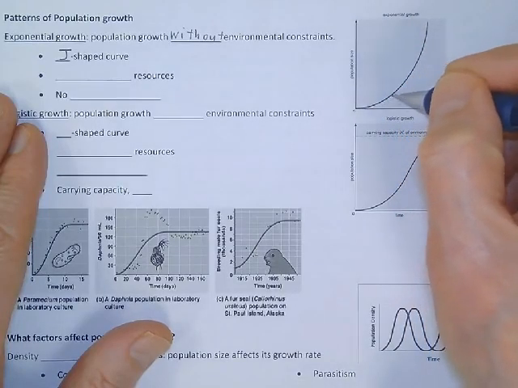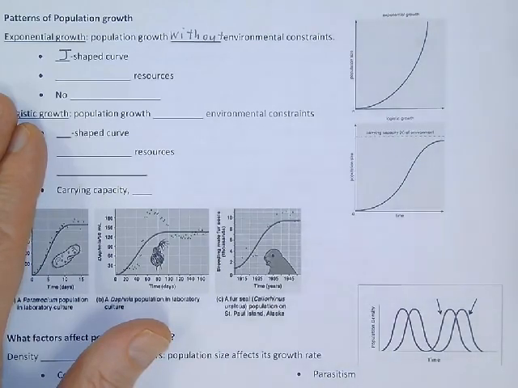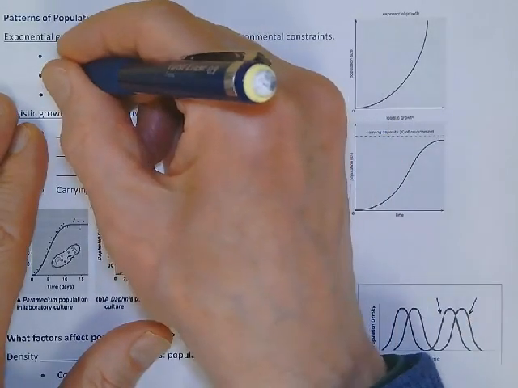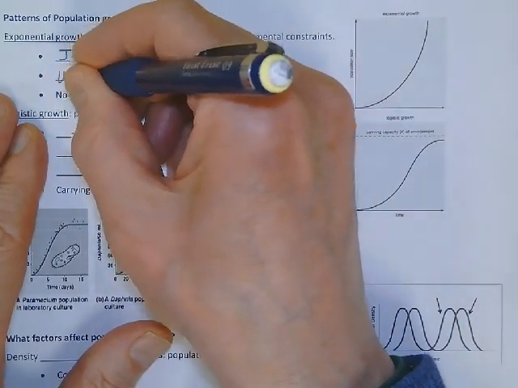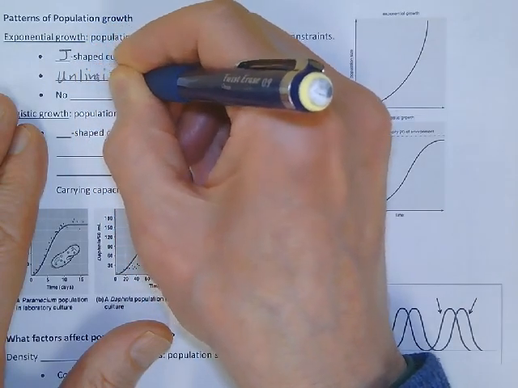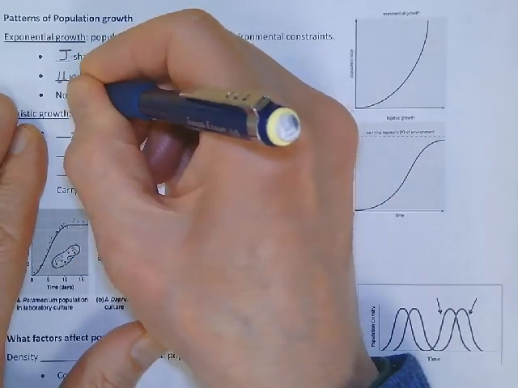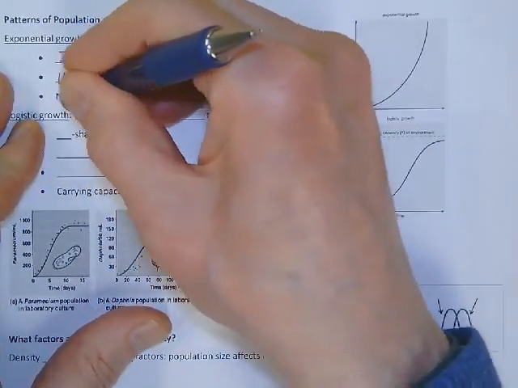See, it looks like it goes slowly and then it just shoots upward. And that's because of doubling, 2, 4, 8, 16, and so forth. You'll only see that where there are unlimited resources, and kind of another way of saying that is no competition.